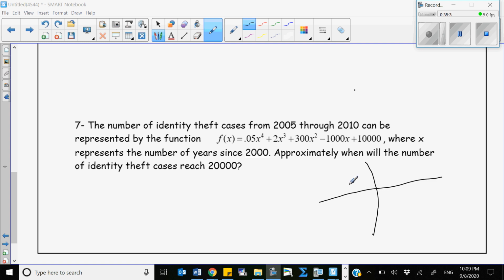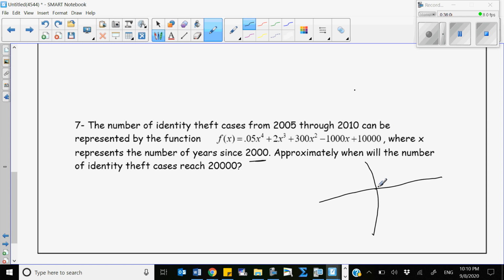Okay, let's go back to the question. It's saying the number of the cases from 2005 to 2010, and the X represents the number of the years since 2000. So that was actually the mistake that I made here. It's starting from 2000 and going to 2010.